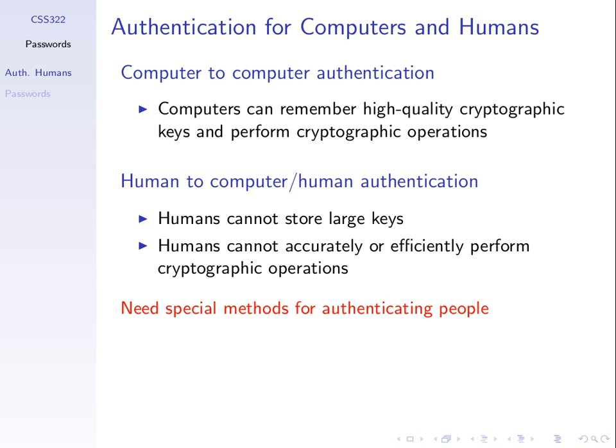So computers can perform calculations much faster than humans. So we need to design authentication mechanisms that don't require storage of long keys and don't require fast, complex calculations, because humans cannot do that. So that's why we need special methods for authenticating humans, for people.